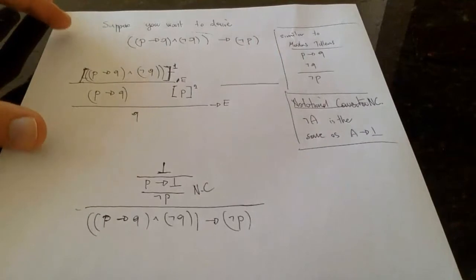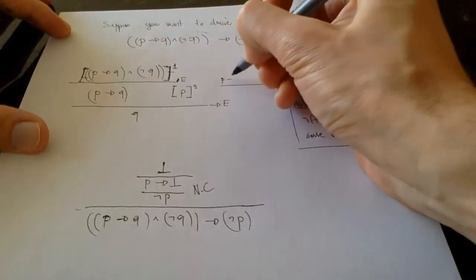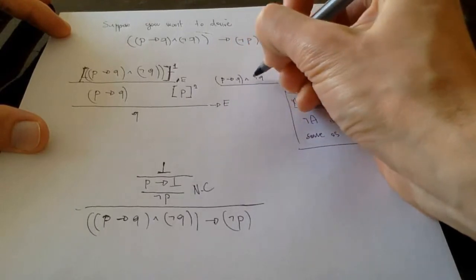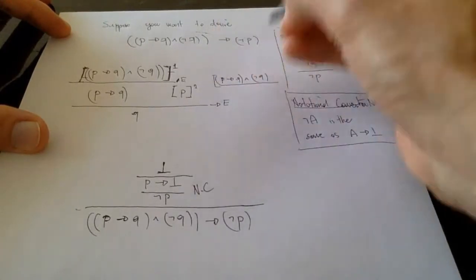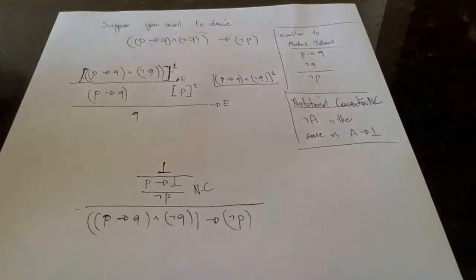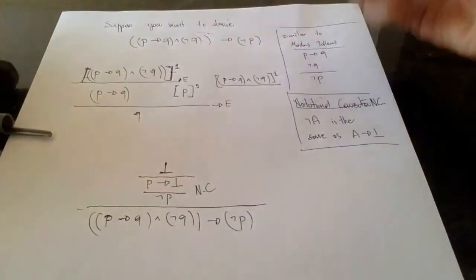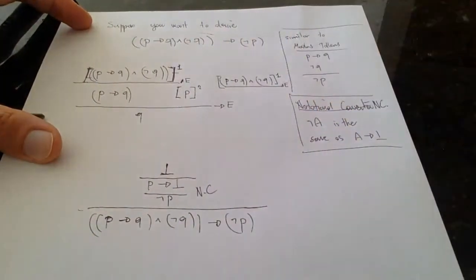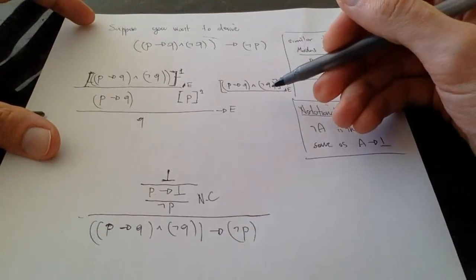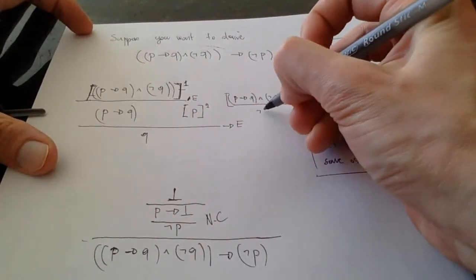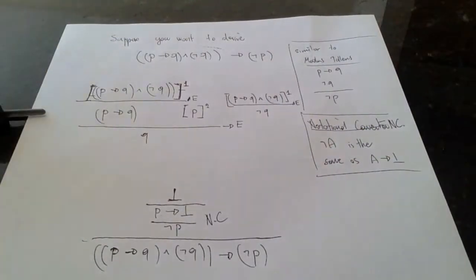So I'm going to assume P implies Q and not Q. So I'm just repeating assumption number 1. I'm not doing anything new. But in this case, through conjunction elimination, I take out from here not Q. I can do that because I have conjunction elimination.